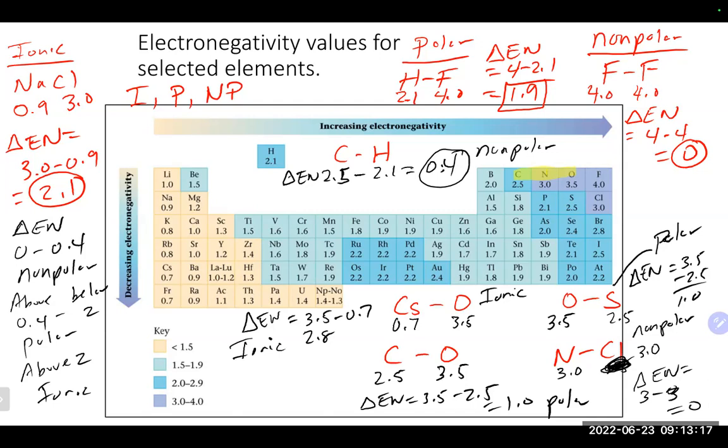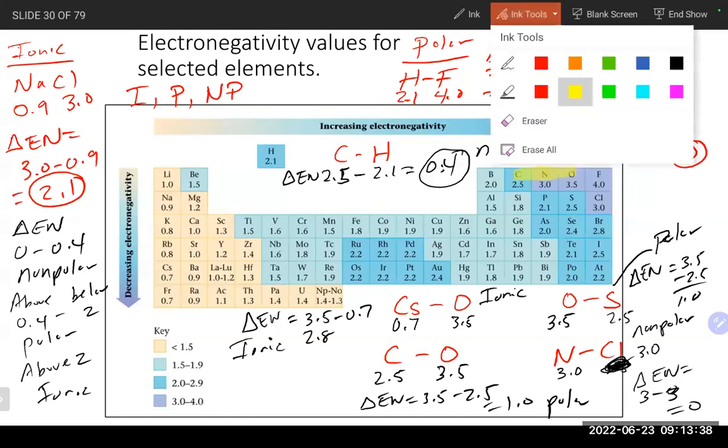So even without the numbers, you can make a pretty educated guess that it should be a polar bond. If you're comparing something quickly and they're definitely in the same period, the one further to the right should be more electronegative, and if they are both nonmetals, that should usually result in a polar bond without even needing the numbers.